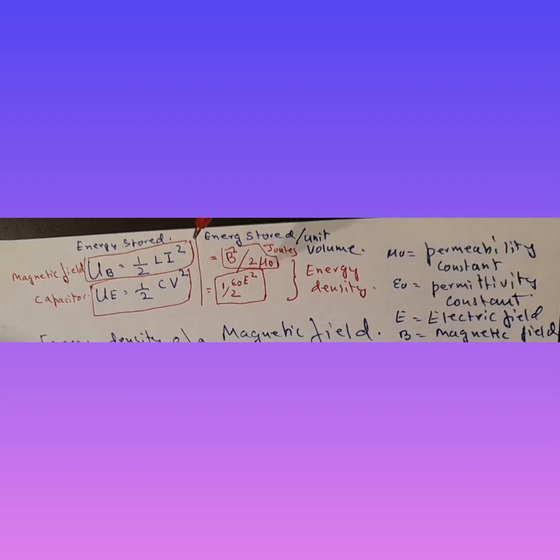Again, I repeat that these are the formulae which you have got to keep in mind. This is energy stored in magnetic field, and this is energy stored in capacitor. We also call this energy density. So whenever you get a numerical on energy density, these are the formulae which you have got to apply.